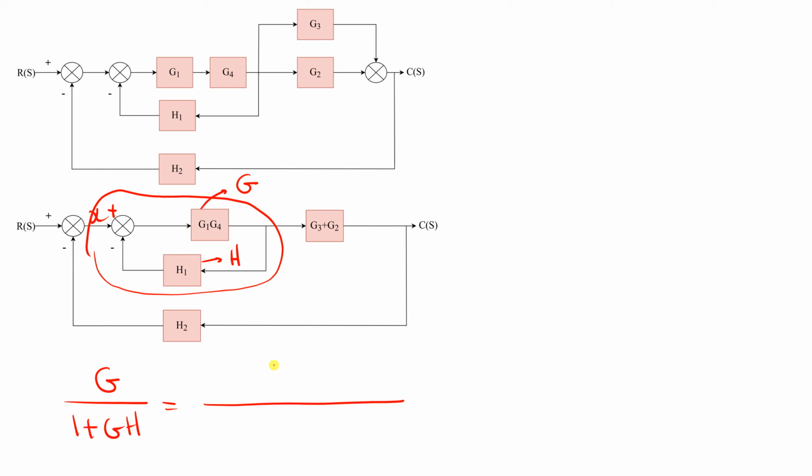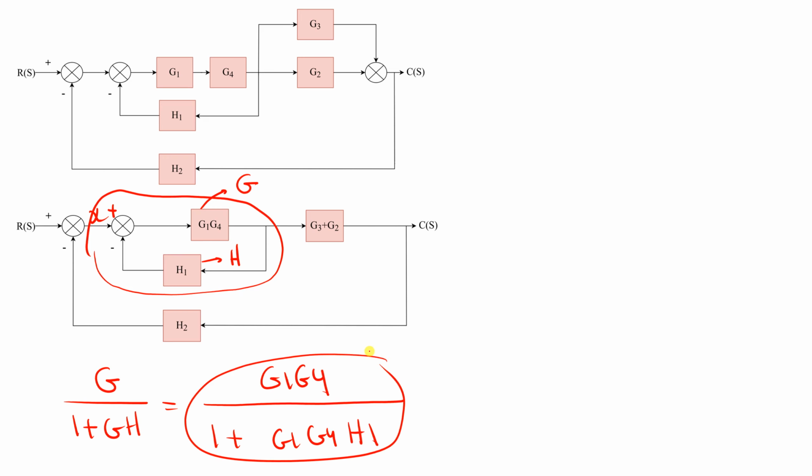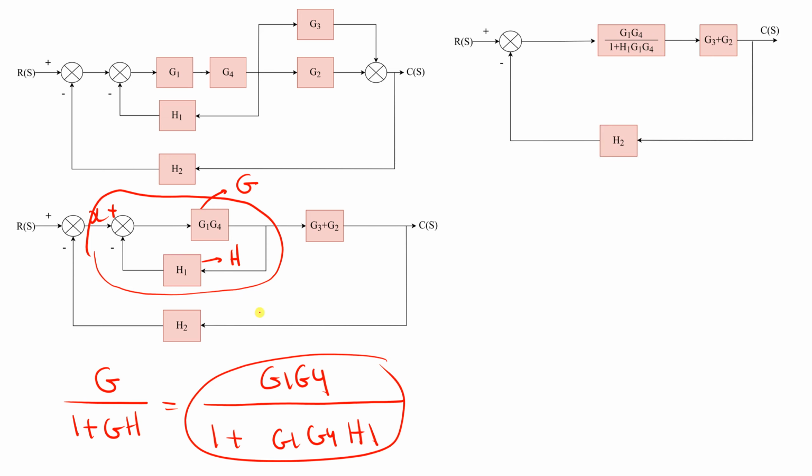So G will be G1, G4, over 1 plus G1, G4, multiplied by our H, which is H1. So the equivalent of this block will be G1, G4 over 1 plus G1, G4, H1. And in series with this block, G3 plus G2, and H2 is a feedback.